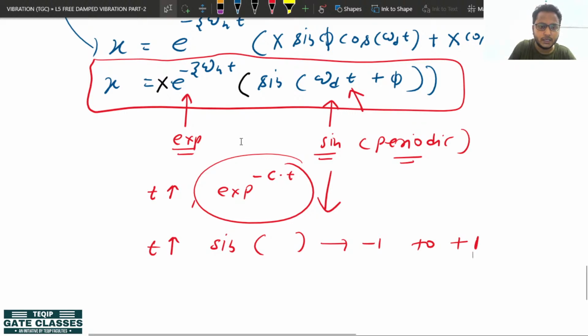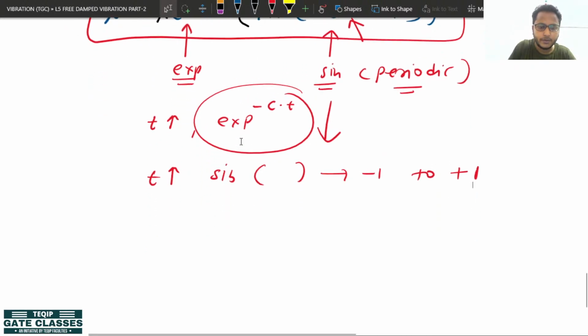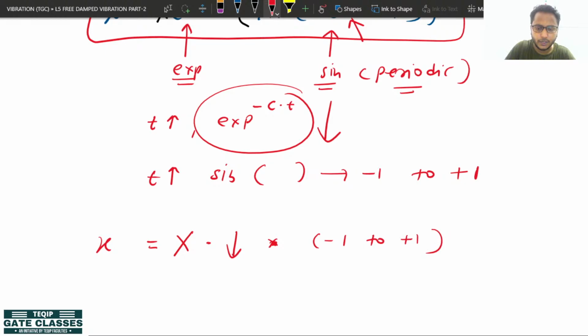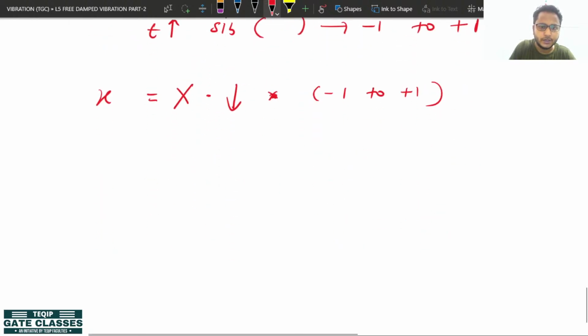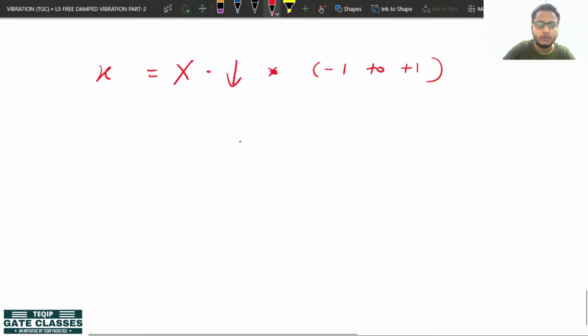So ultimately x will be equal to capital X multiplied by a continuously decreasing value, multiplied by a value ranging from -1 to +1, right? So we are going to draw the graph from which you can understand very clearly.